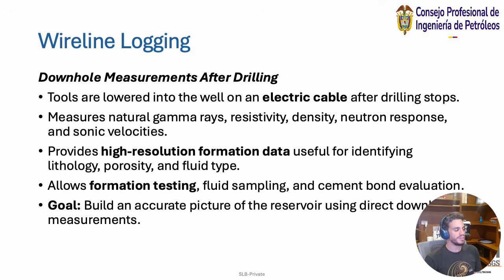We also measure through sonic, and the objective of a wireline engineer is to provide high resolution formation data and identify the properties we discussed earlier in the lecture, like the lithology, the porosity, and the fluid type. And remember, we can relate those to permeability and so forth.